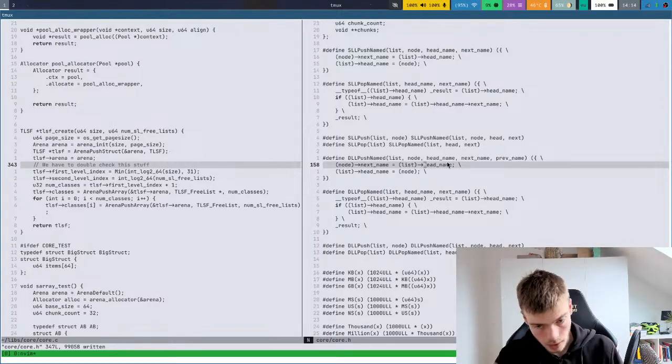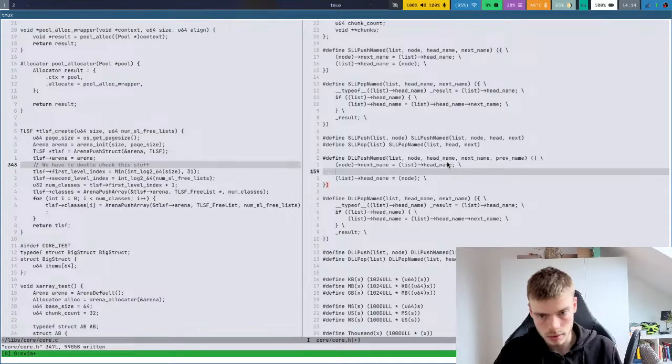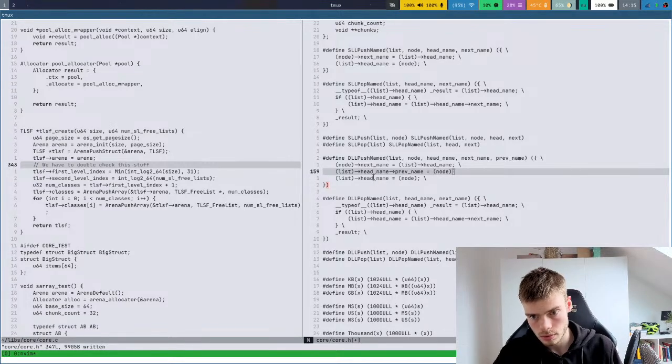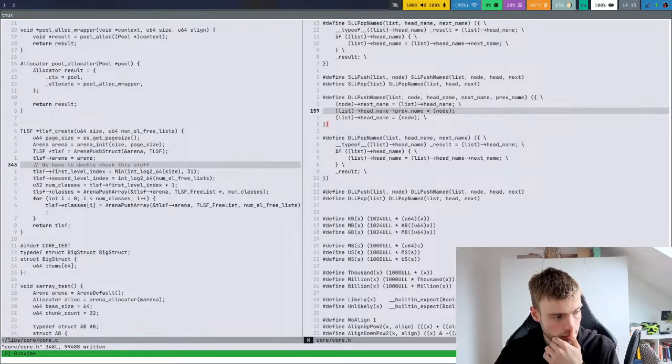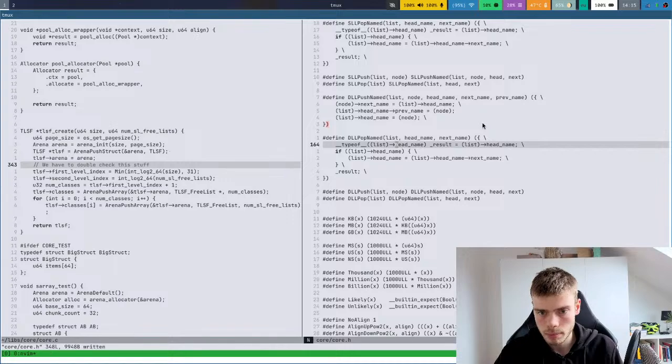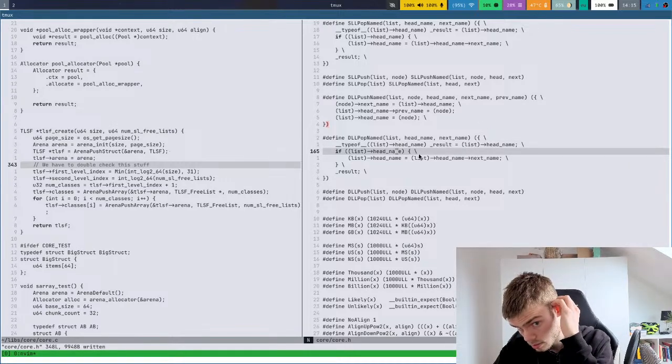We need, could say okay, no. Set list head name, next name, to our node. Think. Okay. From the head.